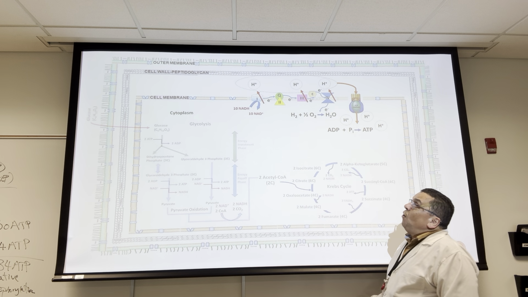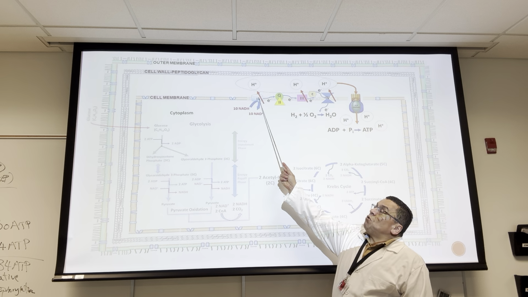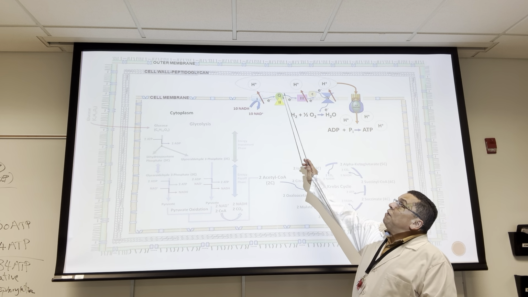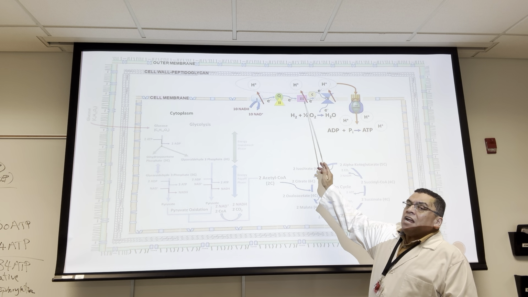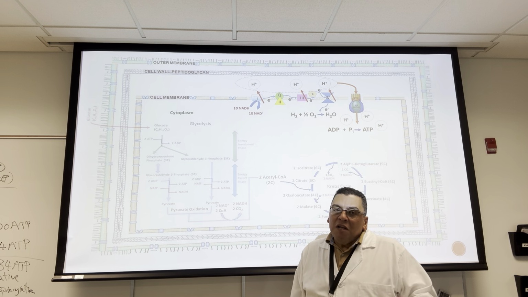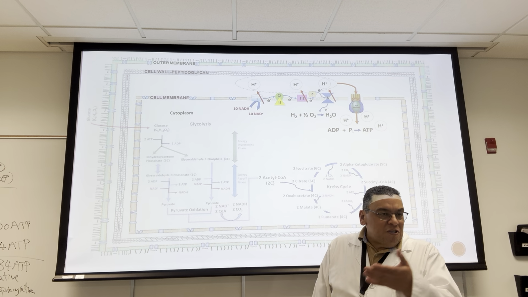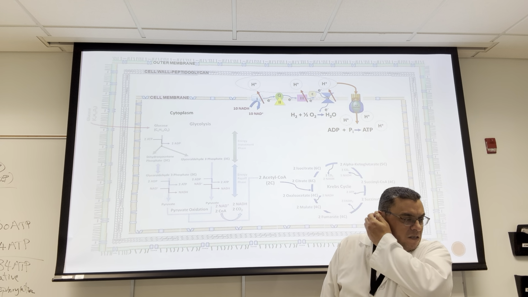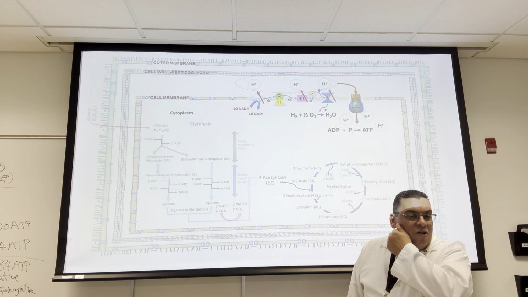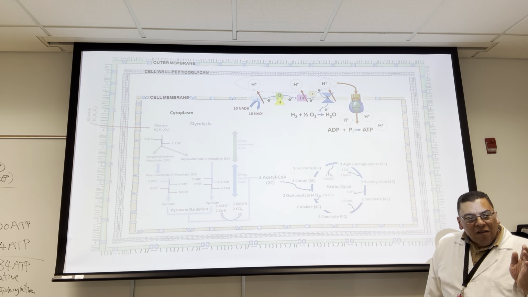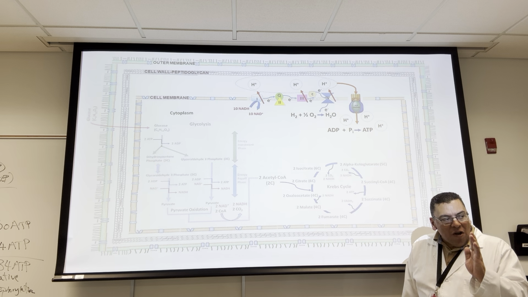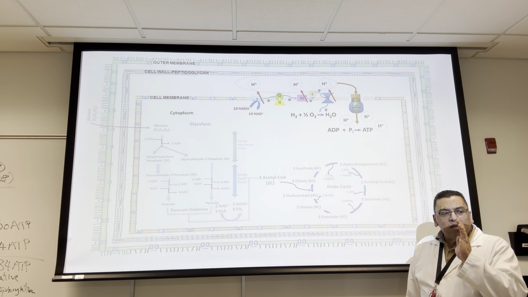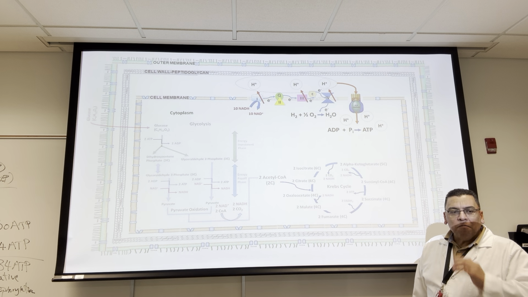So ubiquinone will then take the electrons from complex 1 and deliver them to complex 3. And that's why this is called the electron transport chain, because it's a chain of complexes transporting electrons from one complex to the other. So complex 1 delivers the electrons to ubiquinone. Ubiquinone delivers the electrons to complex 3.